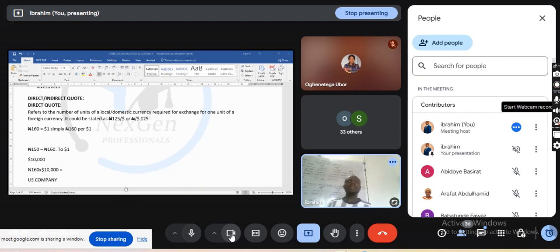When you want to do the translation, when you want to convert, you can use direct quotes or indirect quotes.